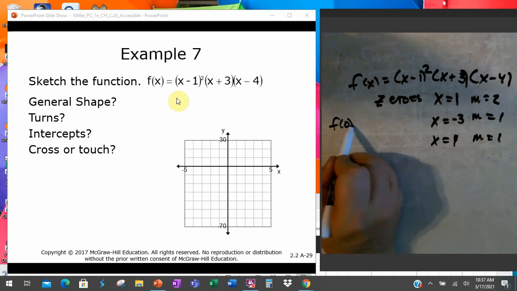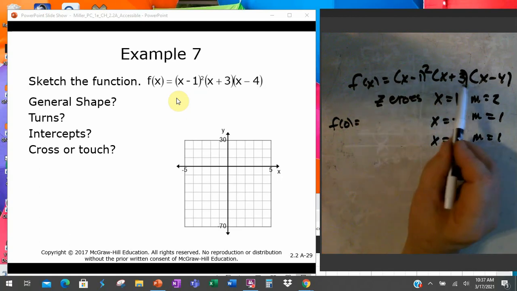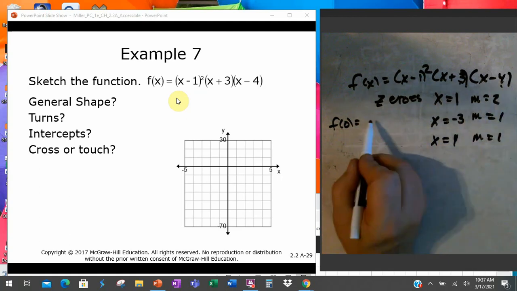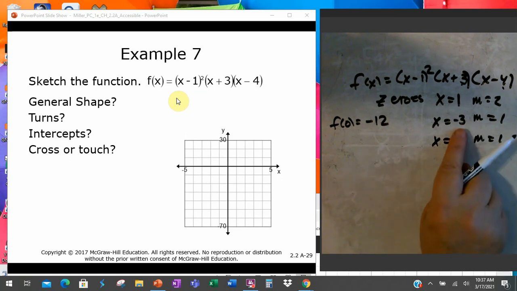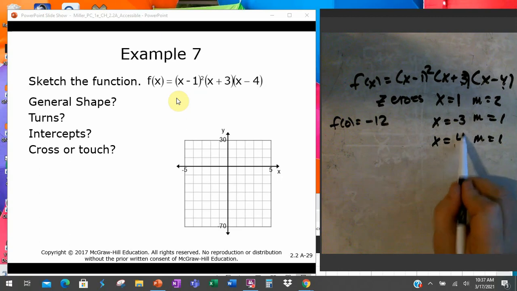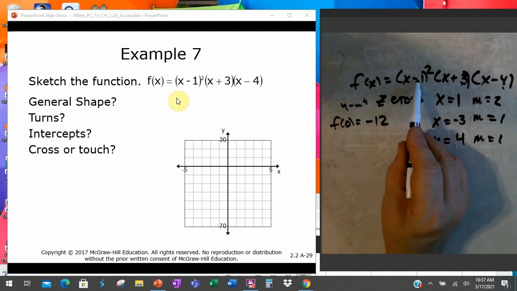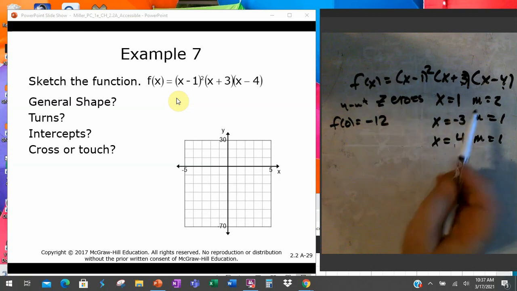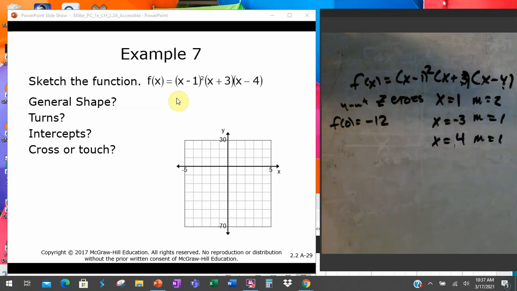F of 0: negative 1 squared is plus 1, 3 times negative 4 is negative 12. These are the zeros. That's the y-intercept. I just stuck 0 in here and said negative 1 squared. Well, that's plus 1. I don't have to worry about it. Plus 3 minus 4, then negative 12.